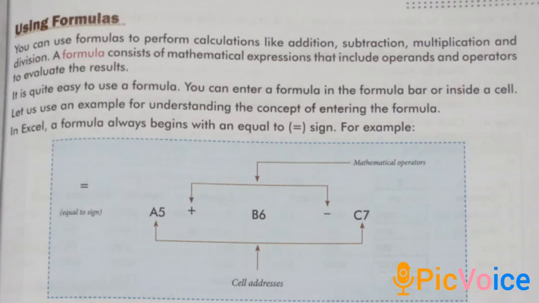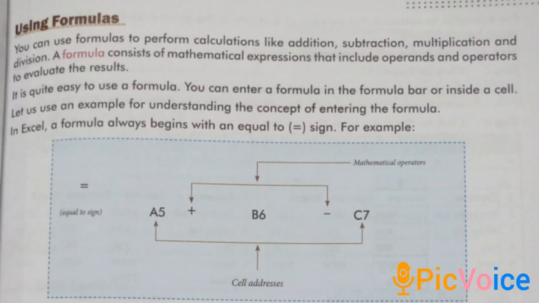Using formulas. You can use formulas to perform calculations like addition, subtraction, multiplication and division. A formula consists of mathematical expressions that include operands and operators to evaluate the result. It is quite easy to use a formula.